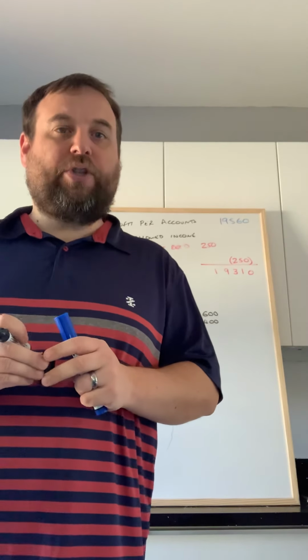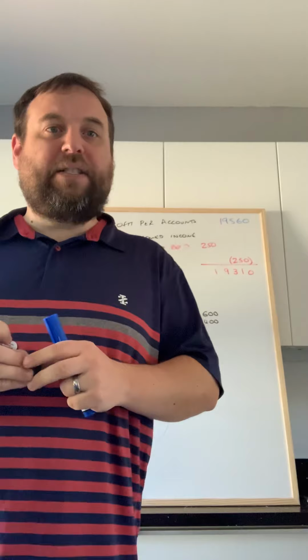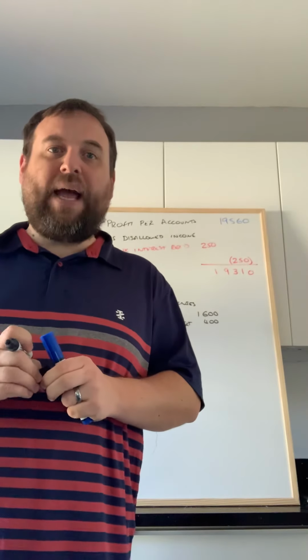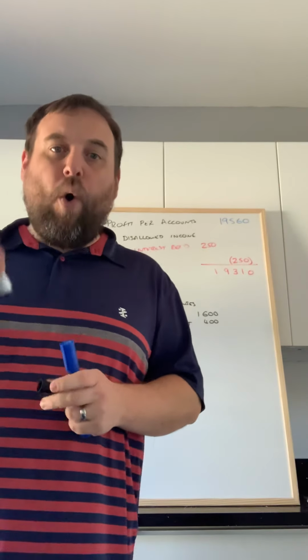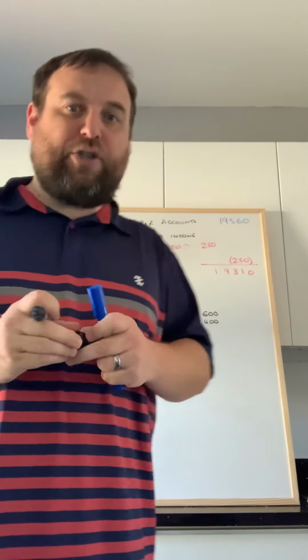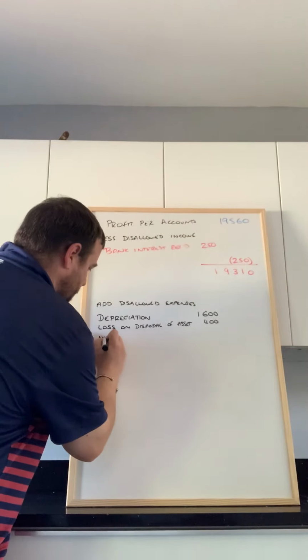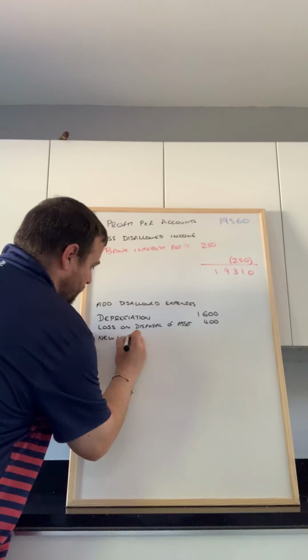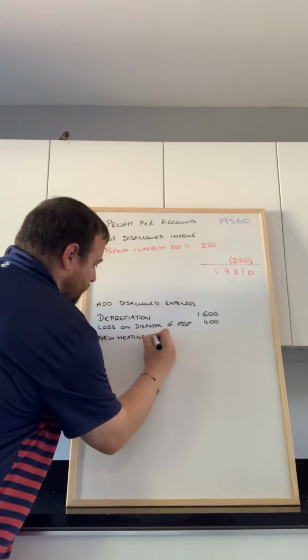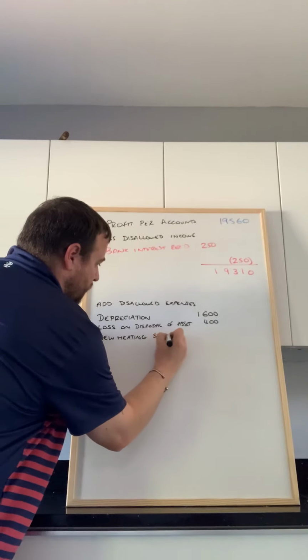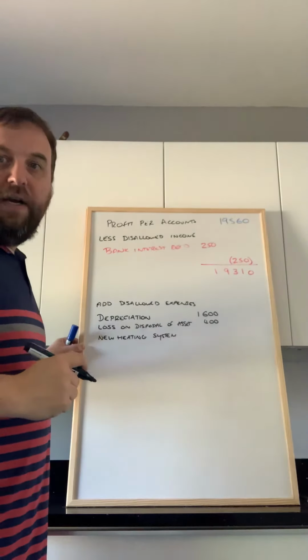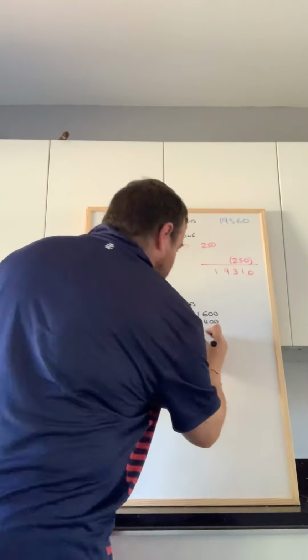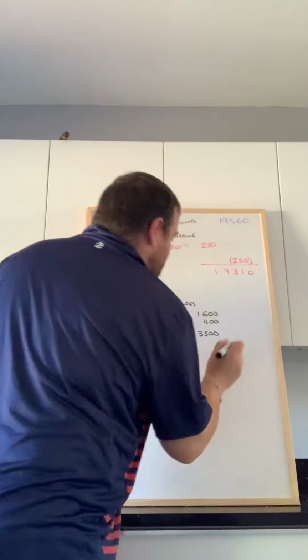Okay, so new heating system installed, recorded as repairs. That item was put in the expenses and it shouldn't have been, and that figure is 3,500.